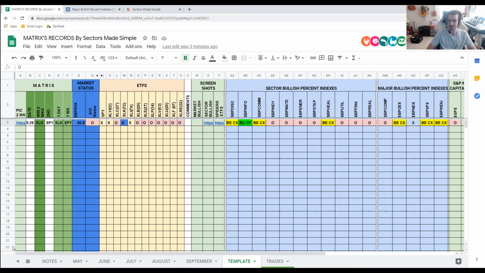This is exactly what I was talking about last Friday when I said we are a Sectors Made Simple family, because they have found something incredibly valuable that they take the matrix and use it to make this whole process simpler. But it's only the start of where they start looking.